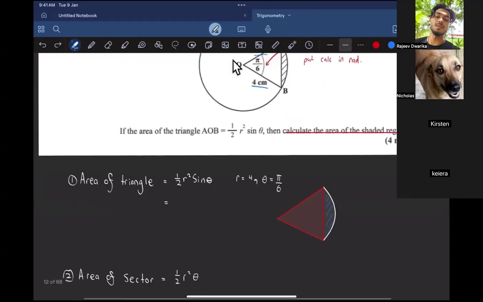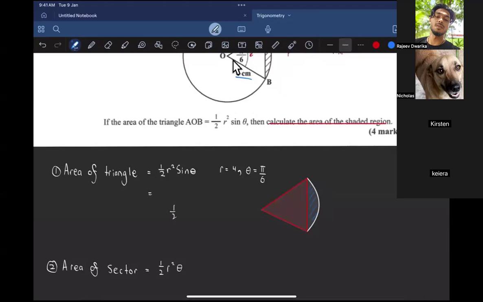So here's what you do for me: in the calculator, put a half, 4 squared, sine 30. But since you're using degrees now, you have to put your calculator back into degrees mode. So plug that into the calculator and see if you get 16.